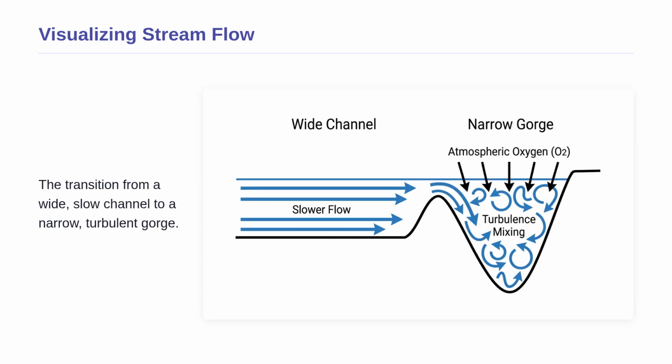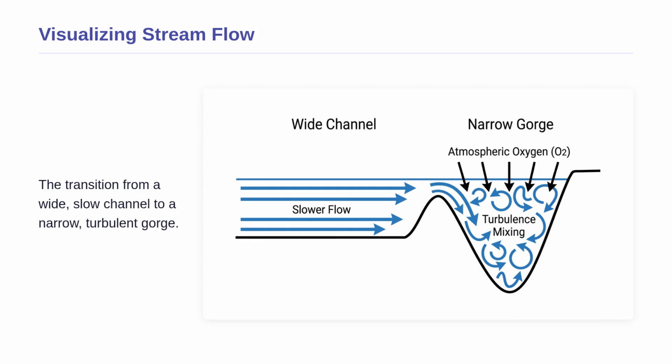Now that we have calculated the turbulence, let us look at a visual representation of this entire process. On the left side of this diagram, you see the wide channel where the water flows slowly and smoothly, represented by the straight, parallel arrows. As the water moves to the right, it is forced into the narrow gorge.